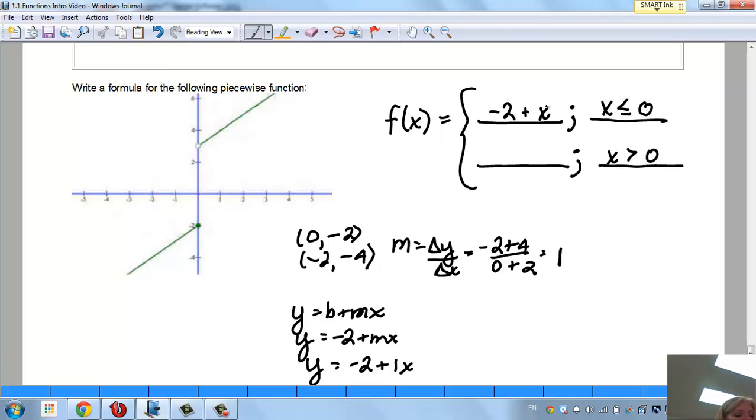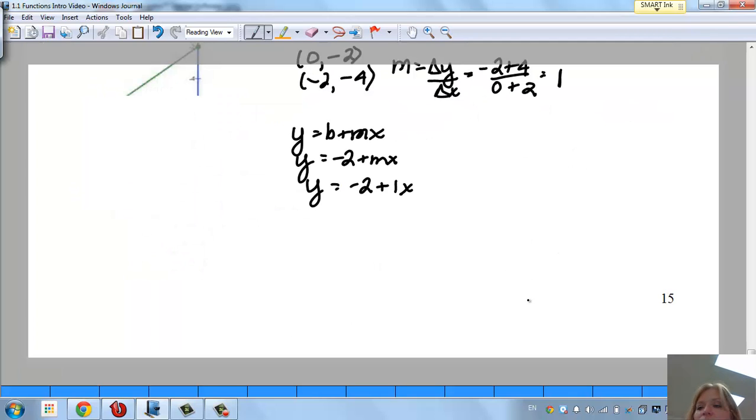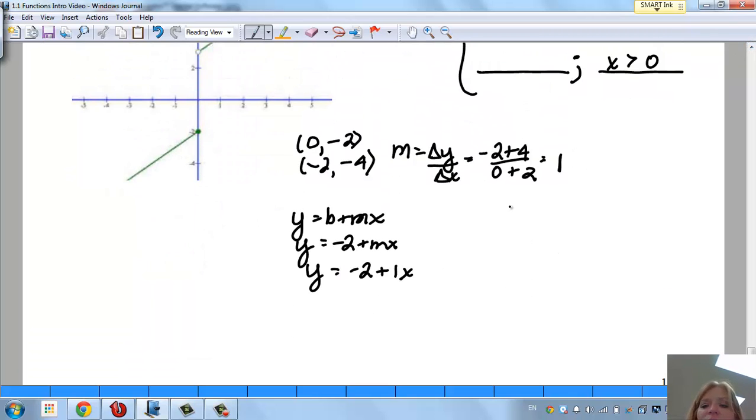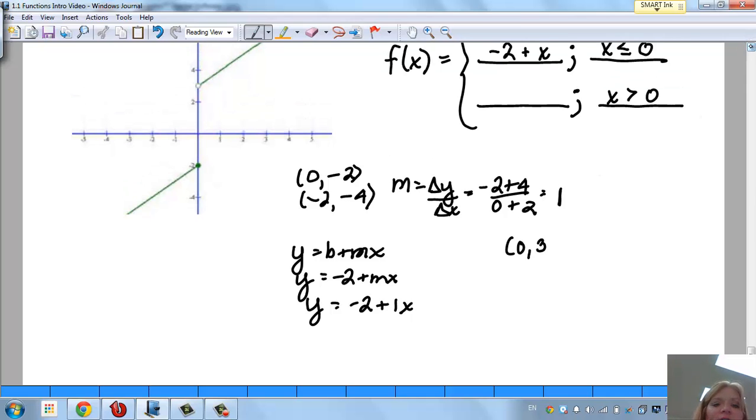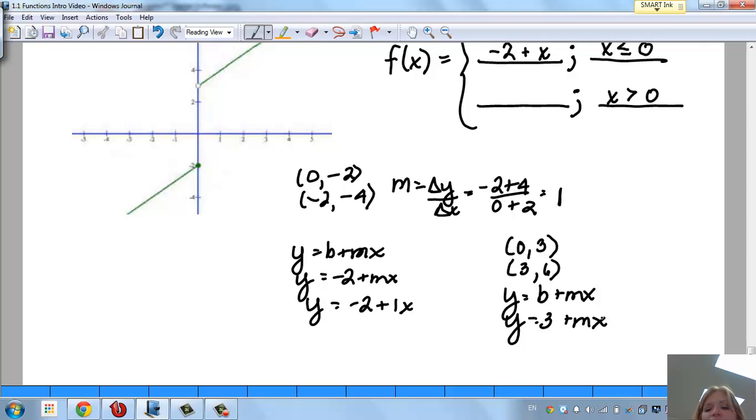The other piece, I have a couple points too, and I have the point 0,3. Oops, sorry. I have the point 0,3. If you look at the graph, right here is 0,3. It's in between. And I have the point 3,6. I just picked a couple points on the graph. Again, I have y equals b plus mx, and I know the y-intercept is 3, so I have y equals 3 plus mx. Okay?